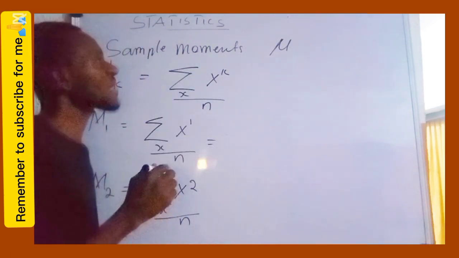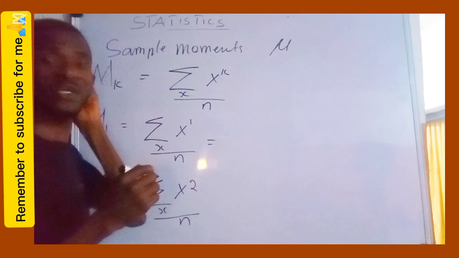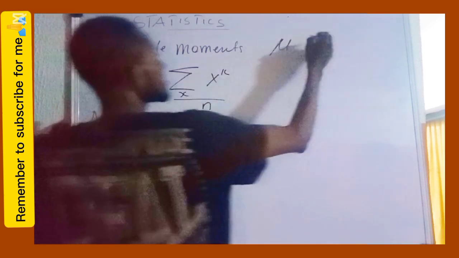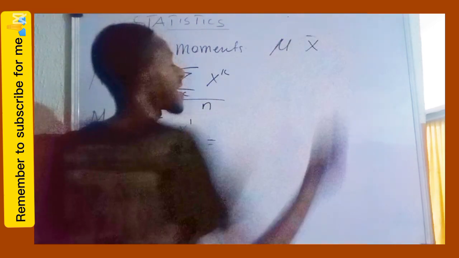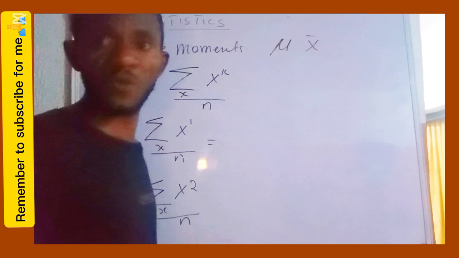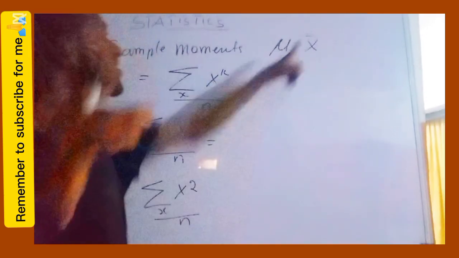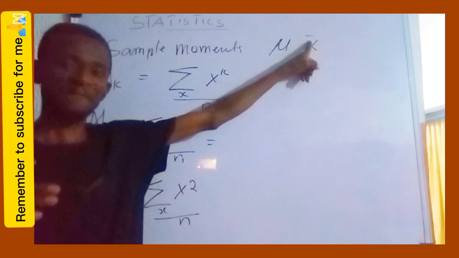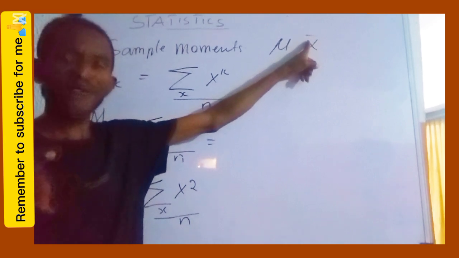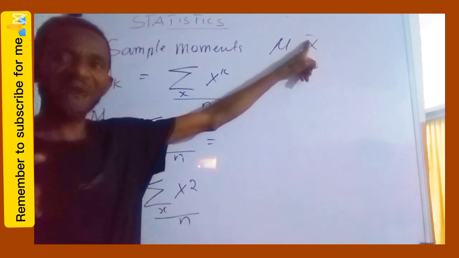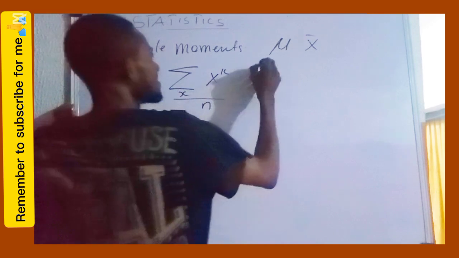But when we talk about the sample mean, we represent it with x bar. So if I want to talk about the sample moment about the mean, I am going to write this.